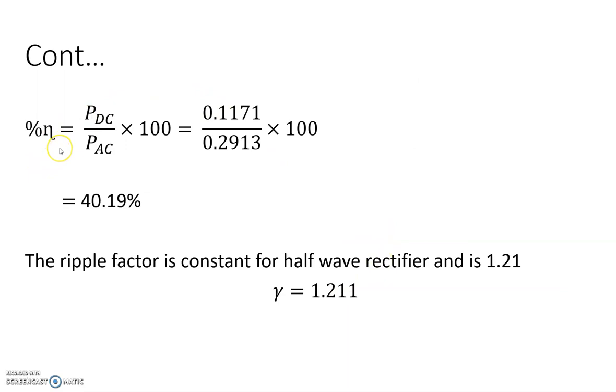The efficiency in terms of percentage is nothing but PDC by PAC into 100. So you substitute the values of PDC and PAC and find out. Finally, we get the efficiency as 40.19%. The ripple factor is constant for a half-wave rectifier, that is 1.21, which is very high.